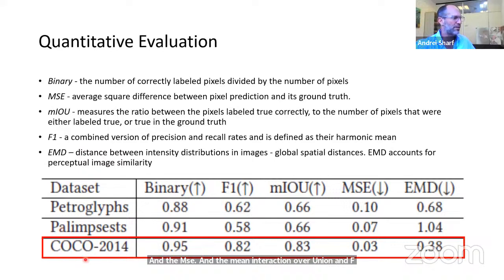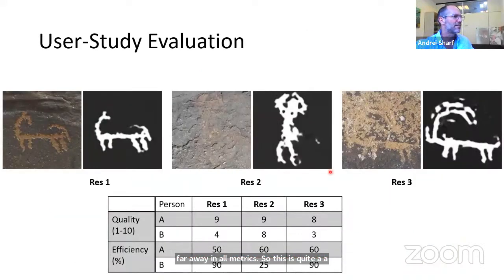And we can see that when we run our model on our data, we are almost as running on standard segmentation problems like COCO. You can see, of course, our data, since it's much more corrupted and noisy, it's below COCO, but not far away in all metrics. So this is quite a good result.